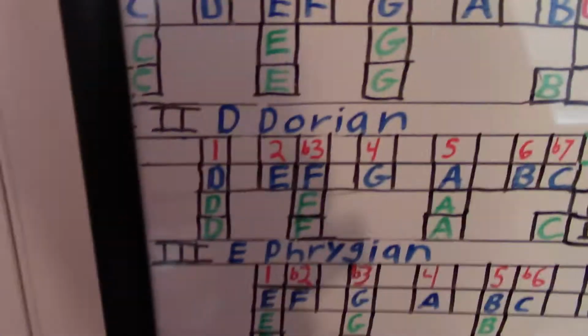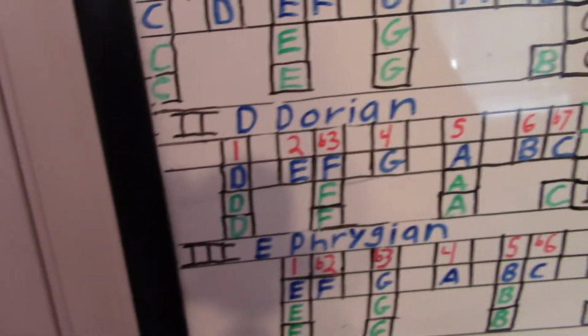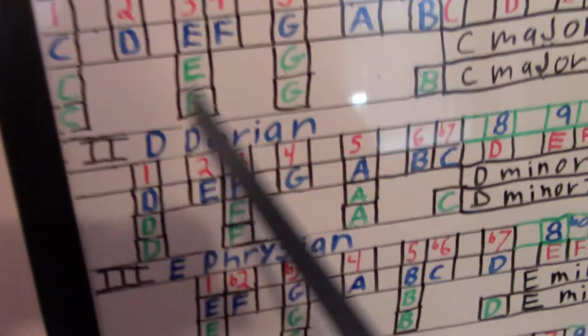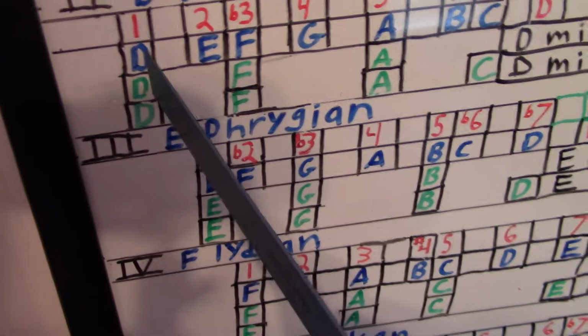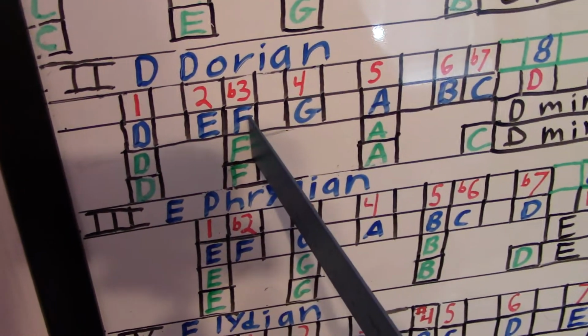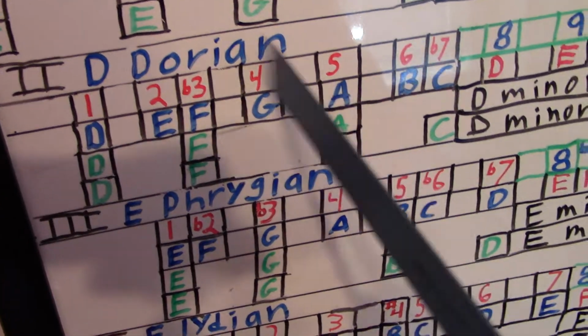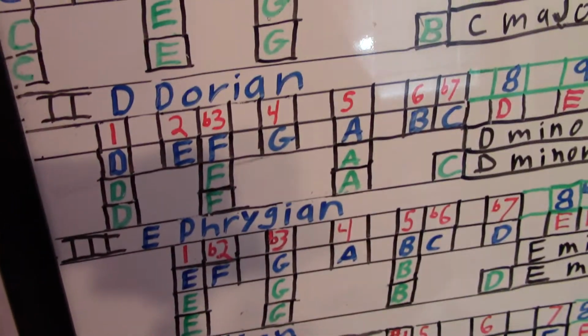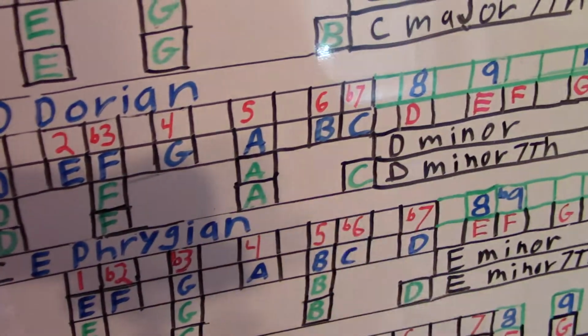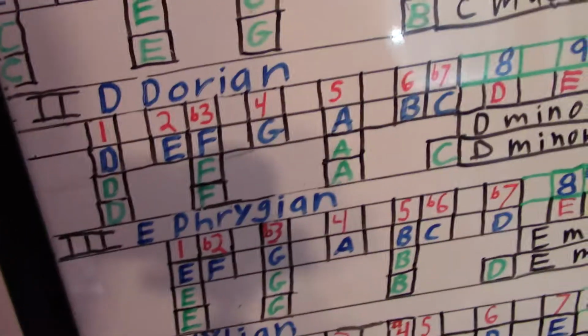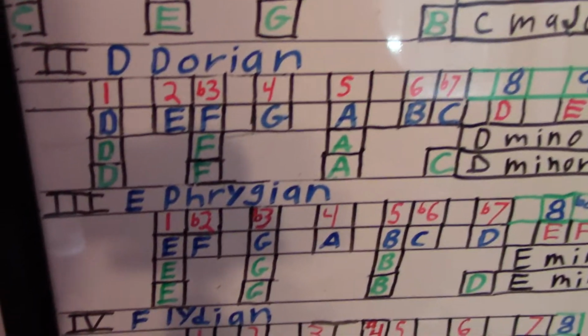So this is a minor mode. Why is this a minor mode? Well, you have your root, your flat third, and your fifth. So you have D, F, and A. See the notes here? D, E, F, G, A, B, and C.